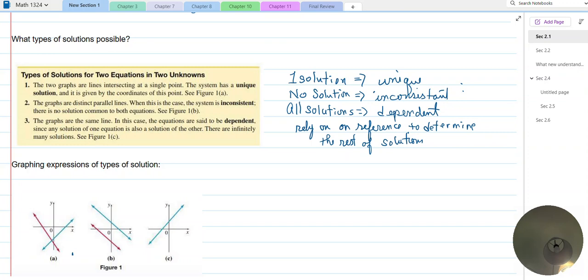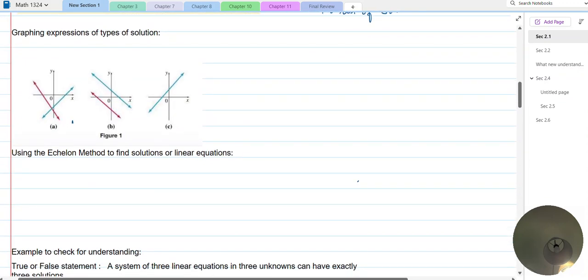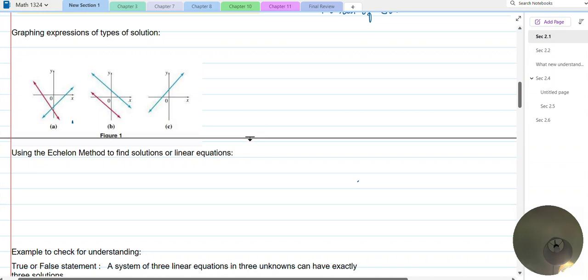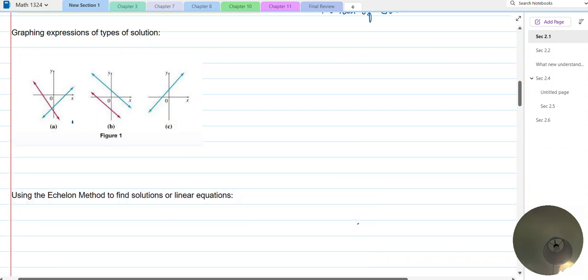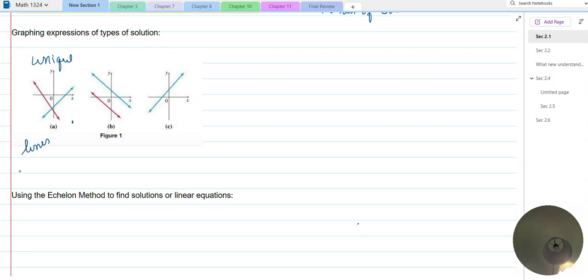All right, so how does it look graphically? Now, even though we're going to have more than just two, the book showed the way to visually determine the solution. Unique solution: lines cross at one point.